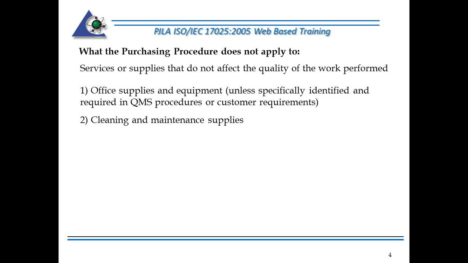But typically, window cleaner, hand soap, paper towels, detergents that are used for mopping the floors and so forth, those kinds of things are independent of the purchasing procedure that forms part of your quality management system.